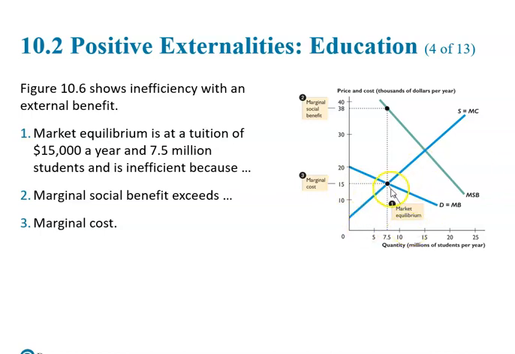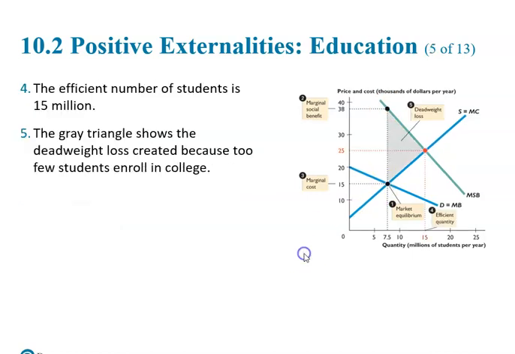But at this point, the marginal social benefit, which is shown on this curve, exceeds the marginal private benefit and also the marginal cost.